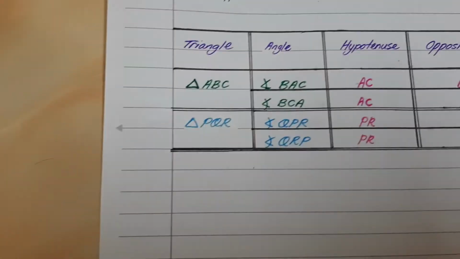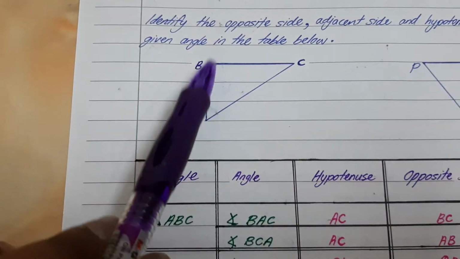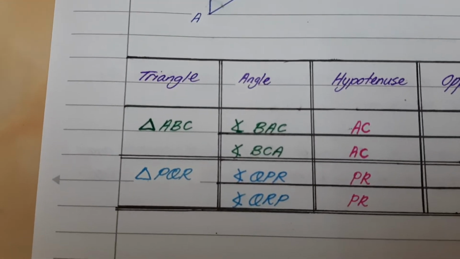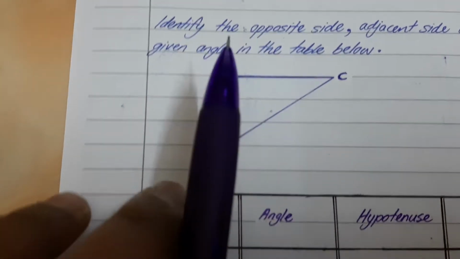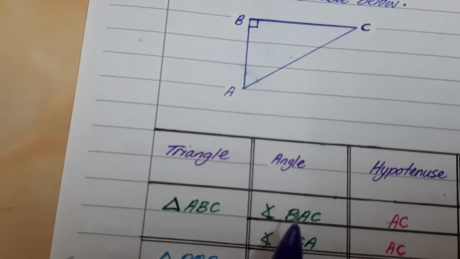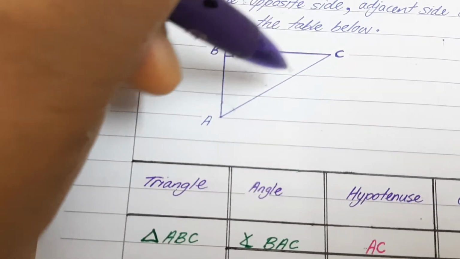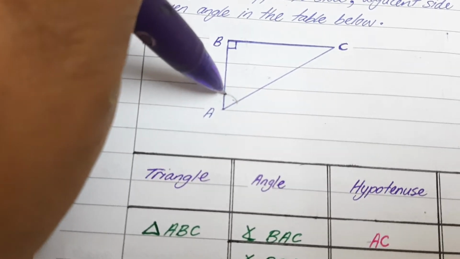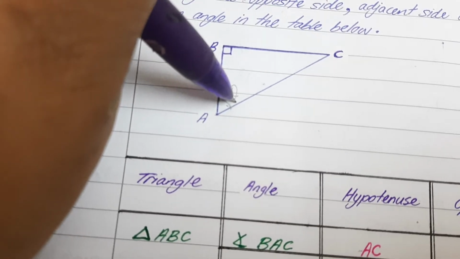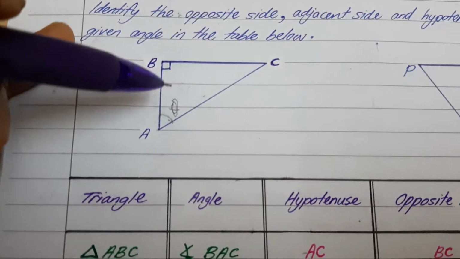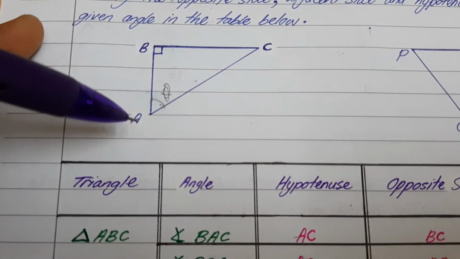Based on triangle ABC, your first triangle, the angle is BAC, which means the angle is formed here. Now what is your hypotenuse? Based on this triangle, your hypotenuse is line AC.